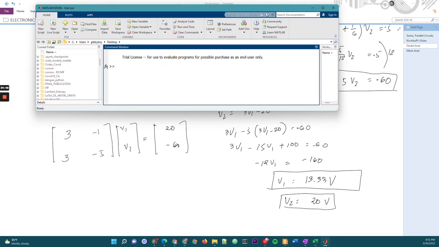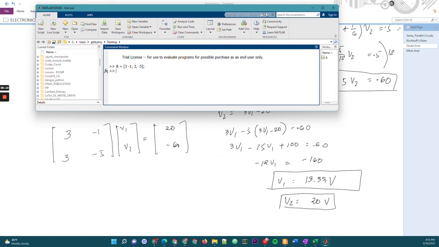So let's say ang A ani is ato siya i-establish. We have 3, negative 1. Second row, we have 3 and then negative 5.